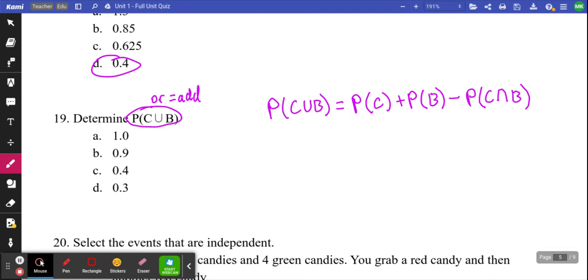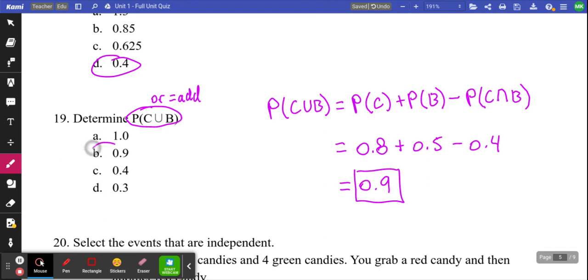Because you don't want to double count them, right? So this would be 0.8 plus 0.5 minus 0.4, which you calculated from the question above, for a total of 0.9. That's the probability you pass chemistry or biology.